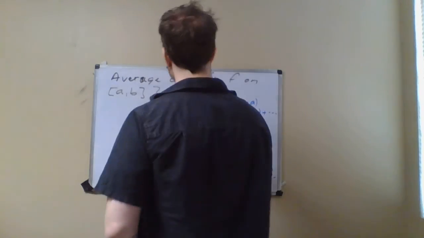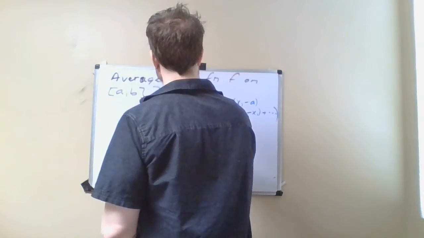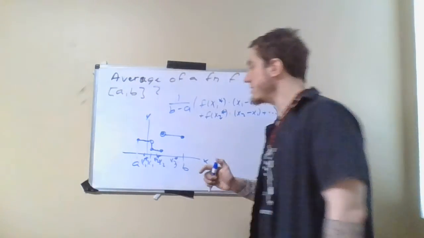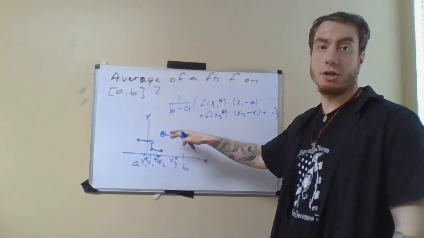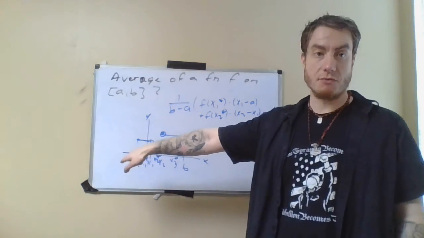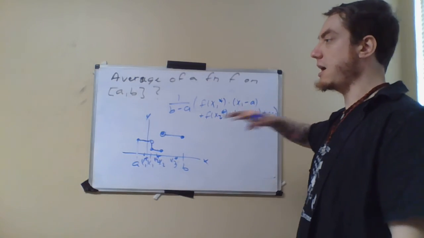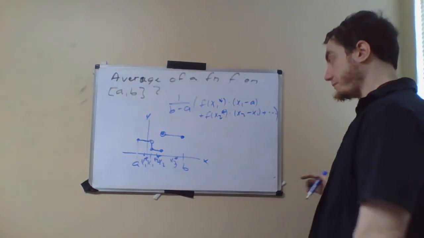But then we would want to divide this by the total difference b minus a, because otherwise we would end up multiplying. If this were just literally a constant, we'd end up with the function times the width of the interval, and for a constant we would actually just want it to be the value of the function.